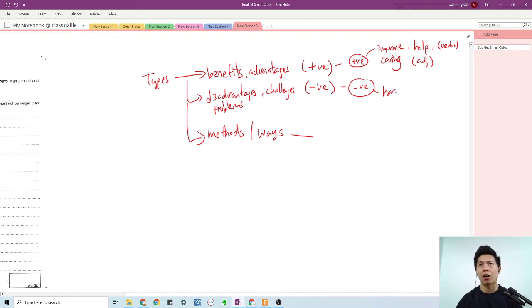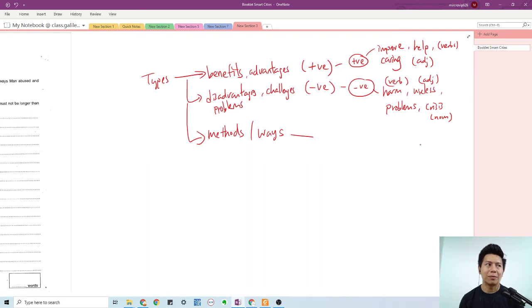These could be words like harm, useless, or even the word like problems, crisis. You see, we do have verb, we have adjective, we also have noun. Now the part of speech doesn't matter as much when we're discussing this, okay? What matters is the connotation of it. Like, does it bring up some negative feeling or positive feeling when you see the word?